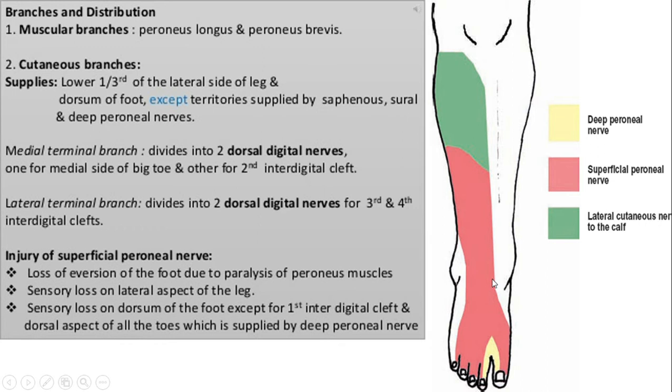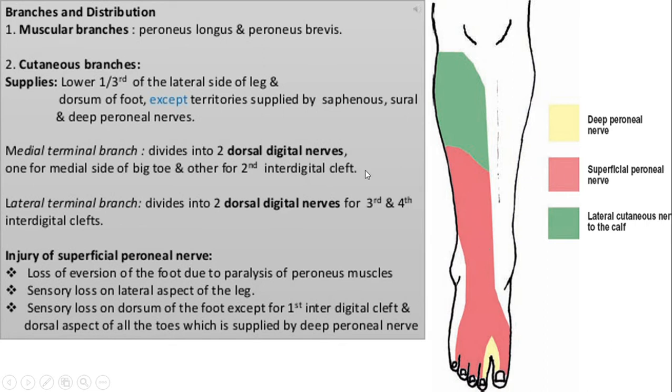And then over the medial side, you can see this is the territory of saphenous nerve, while on the lateral border, this is the territory of sural nerve. So this pink area is showing you the territory of superficial fibular nerve.